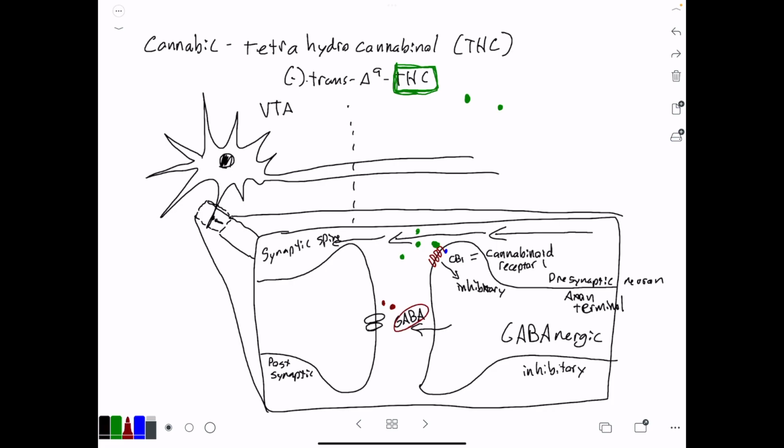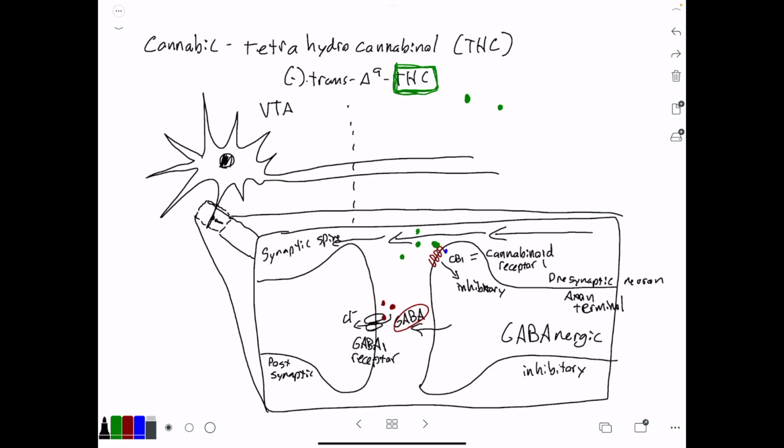So GABA binds to, in this case, a GABA-A receptor, as I'm drawing. And what that does is when it binds, it opens up and lets chloride flow in. That hyperpolarizes the postsynaptic neuron, making it less likely to fire an action potential.